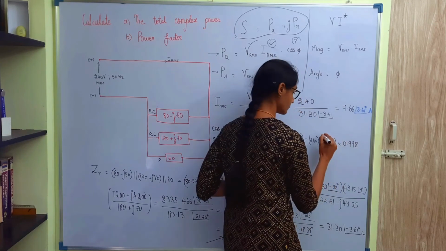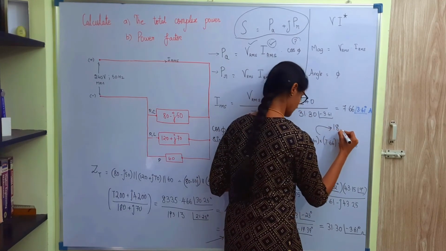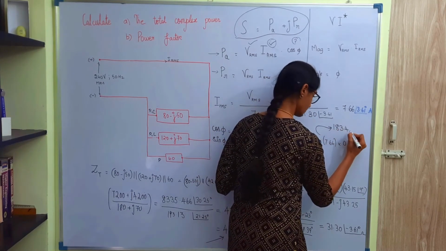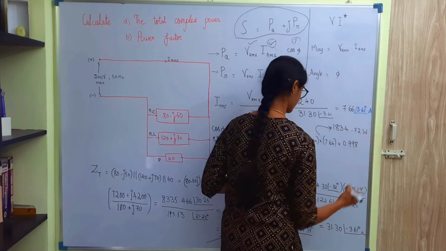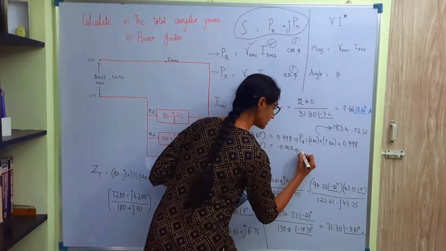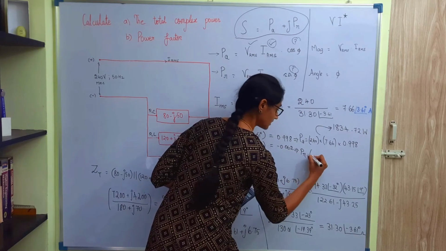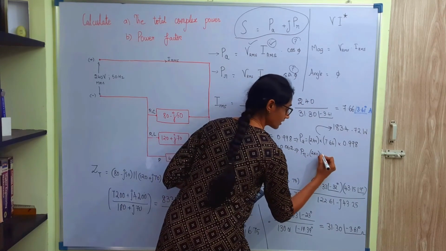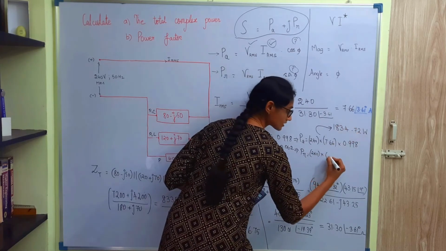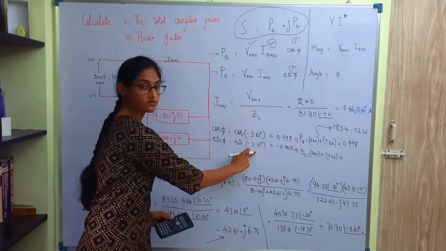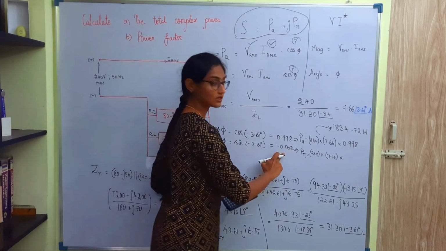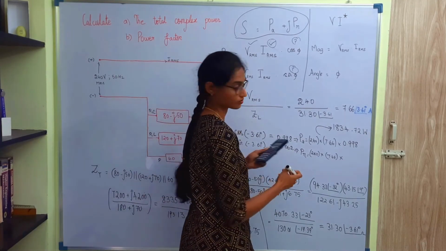I'm just writing the value here. 1834.72 watt. The reactive power will be 240 into 7.66 into sin phi. What is sin phi? Sin of minus 3.61, which is minus 0.6062.